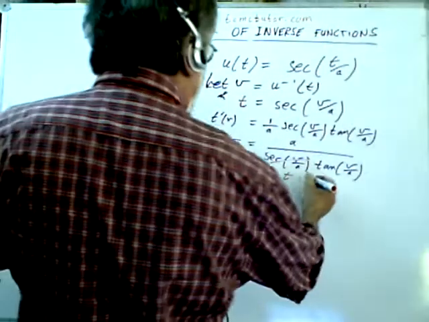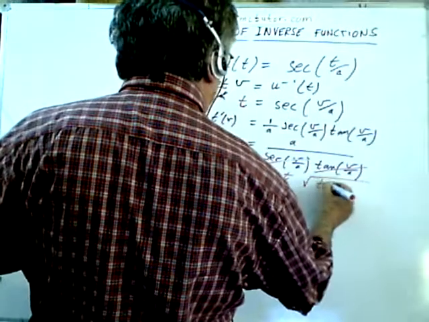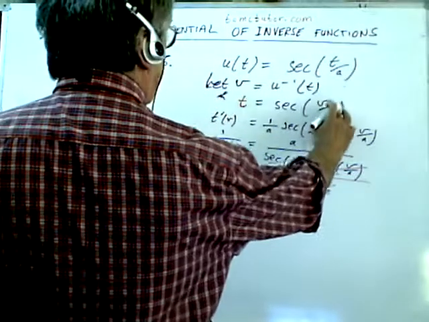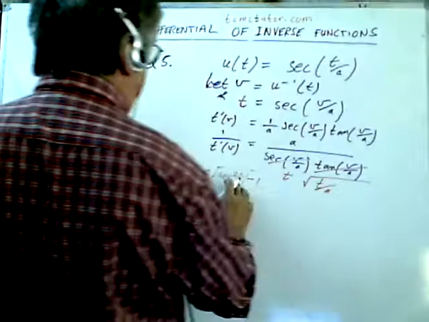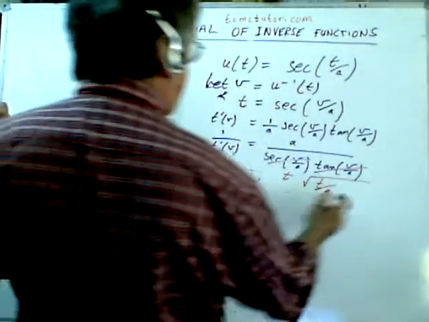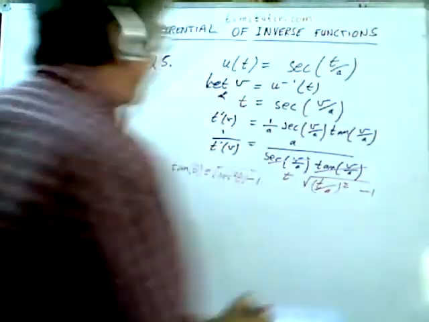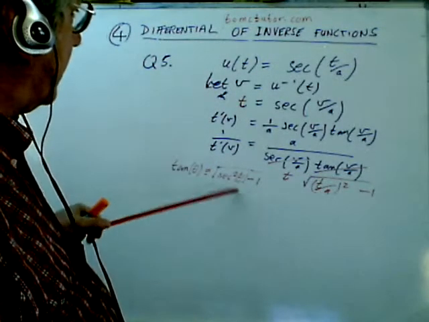So I can cross that over and put in the square root of t squared minus 1. Remember, the angle is v upon a.